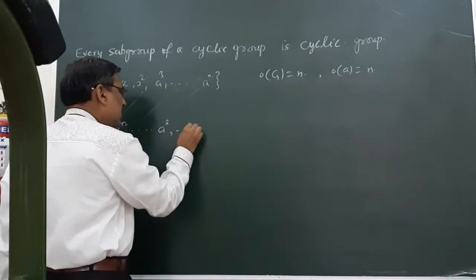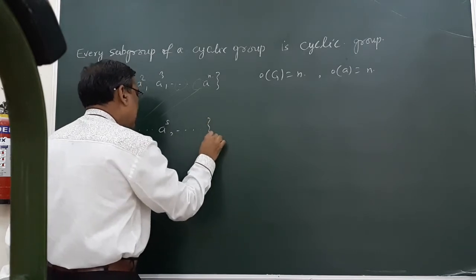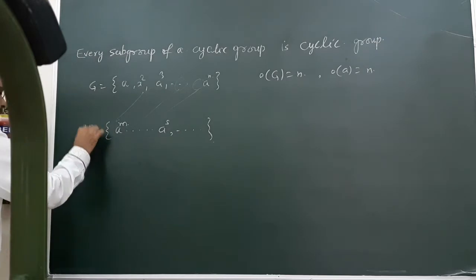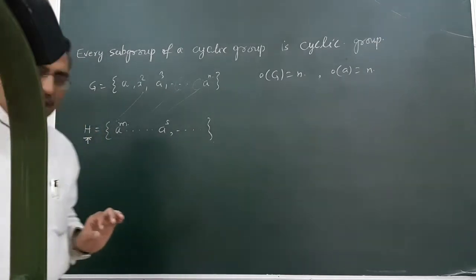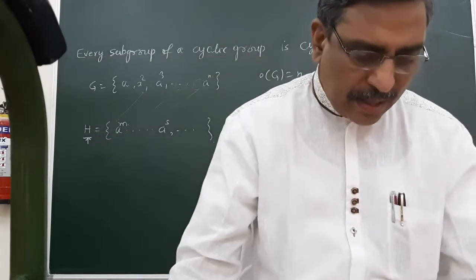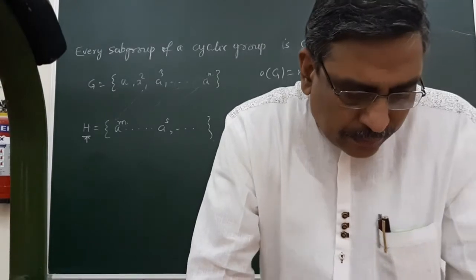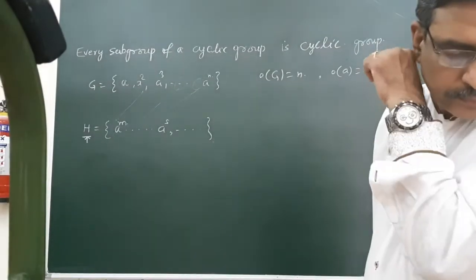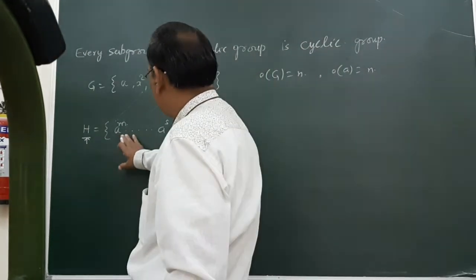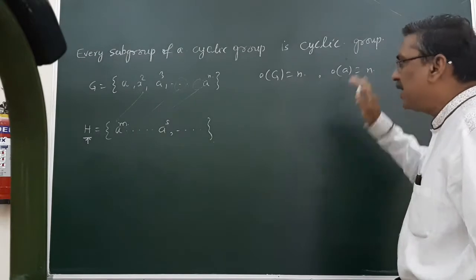These are the elements of this set. This set contains, say, m elements. Now, m is the lowest one, order of G is n, order of a is n.